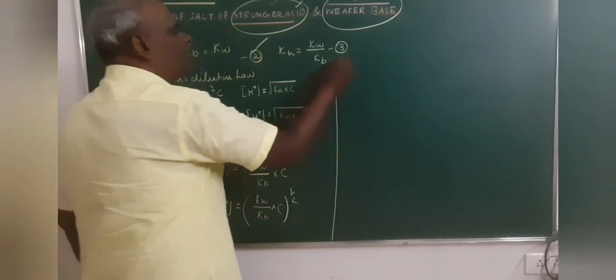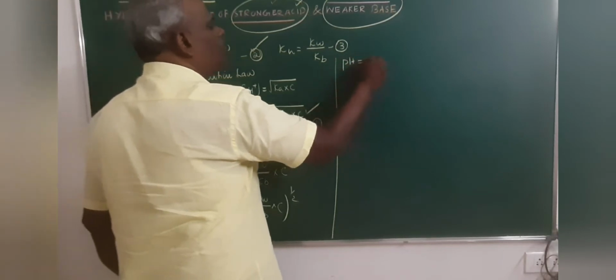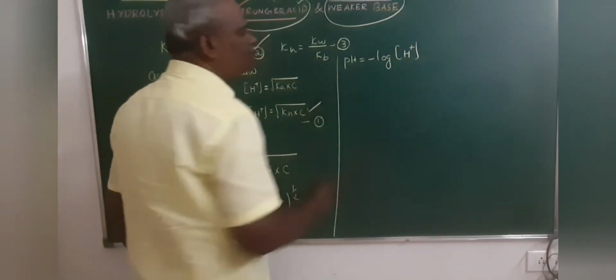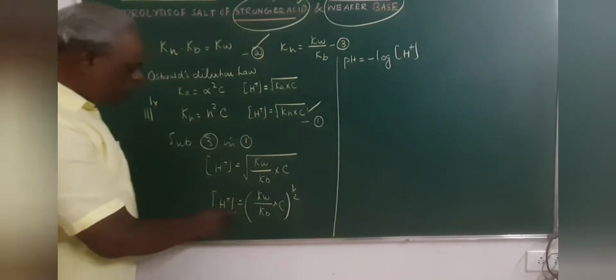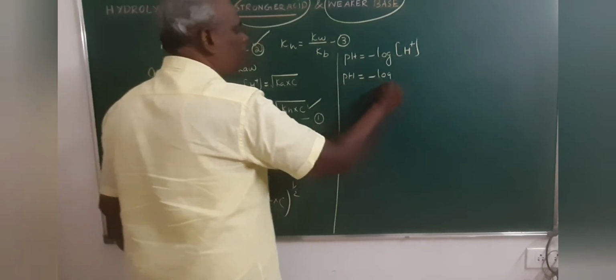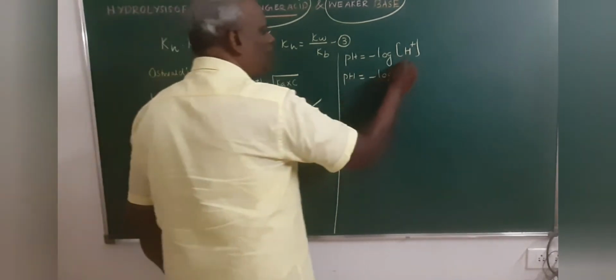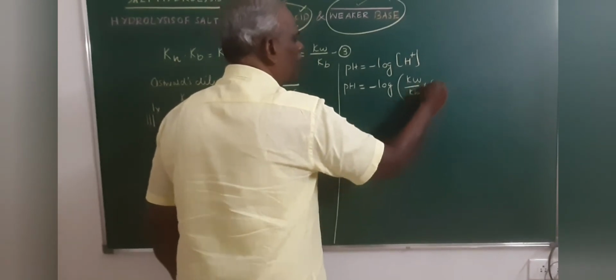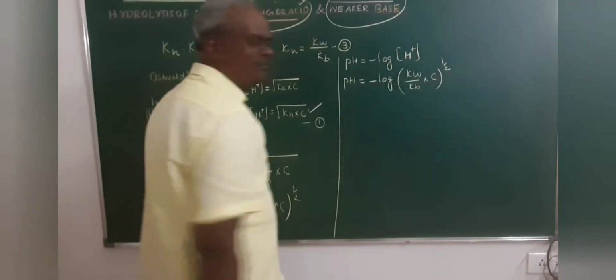I can write pH is equal to minus logarithm of hydrogen ion concentration. Use this expression: pH is equal to minus logarithm of Kw divided by Kb into C, the whole power half.